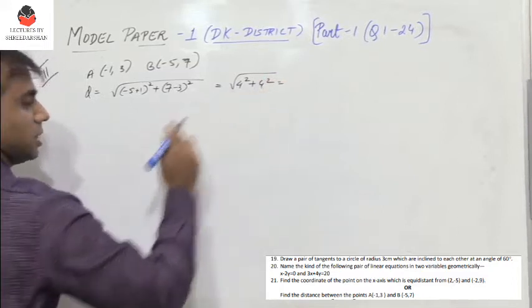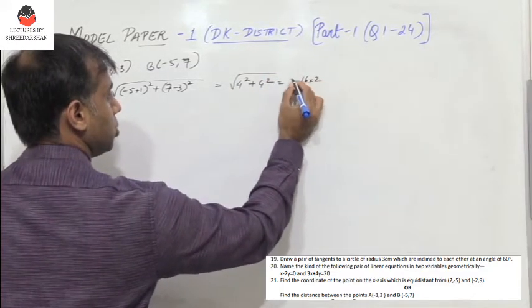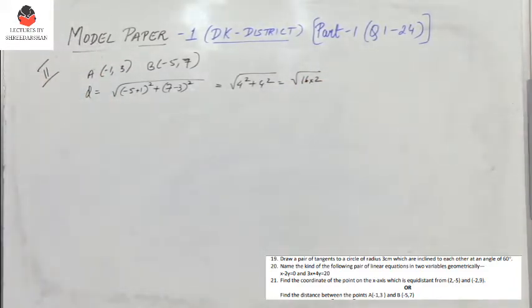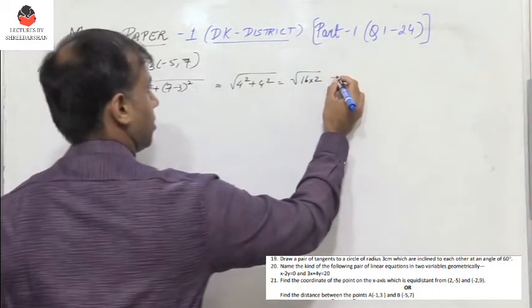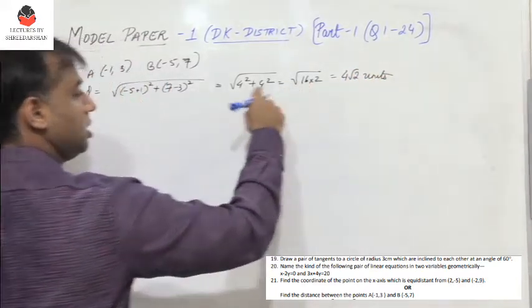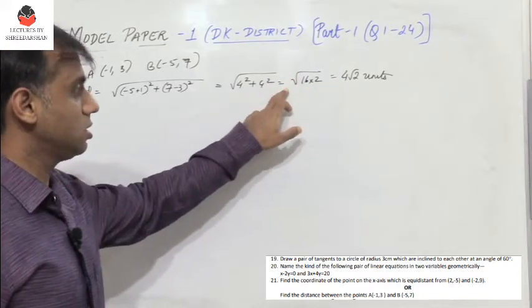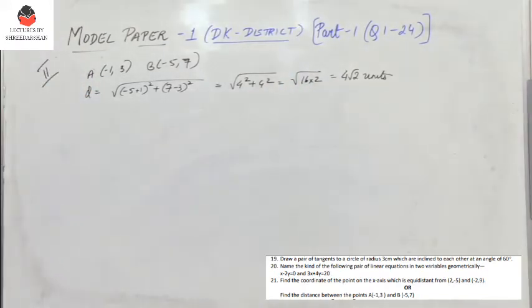So I get 16 plus 16 is 32, or I can write it as 16 into 2, right? So 32 is 16 into 2, and I can write it as 4 root 2 units, because 16 is the square of 4. So I can take this outside the square root, so I get 4 root 2 units.